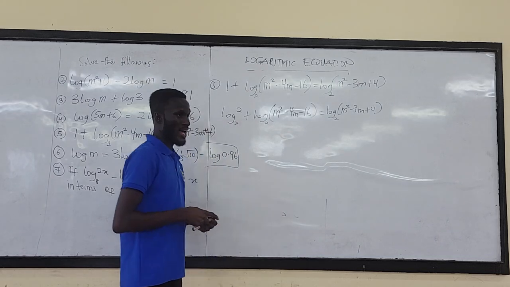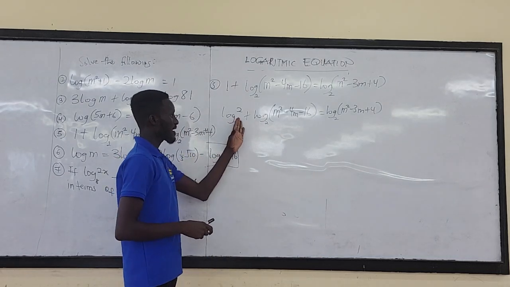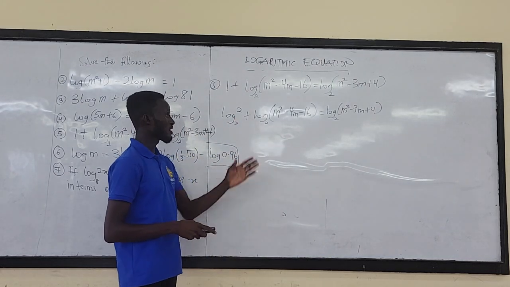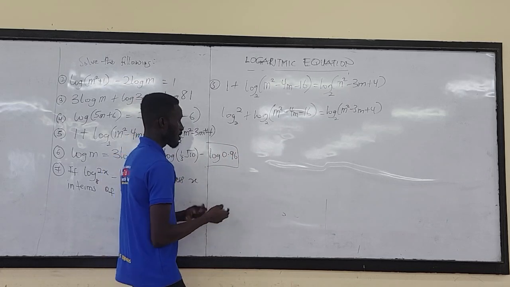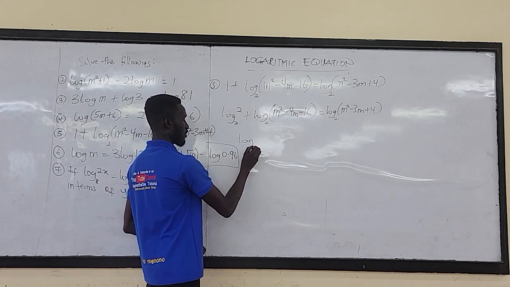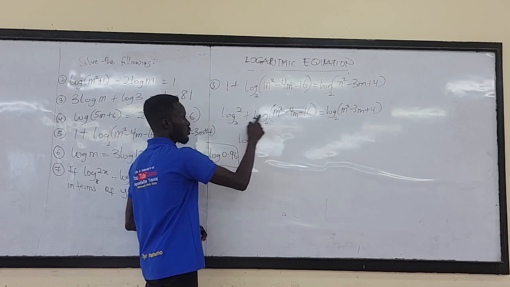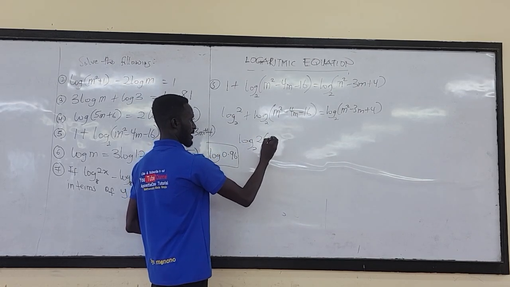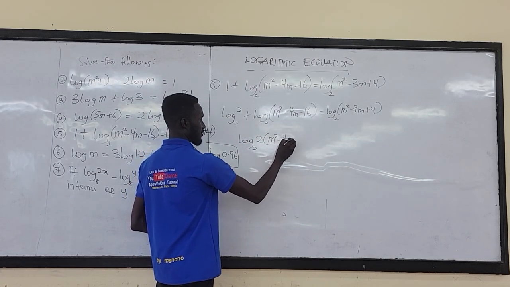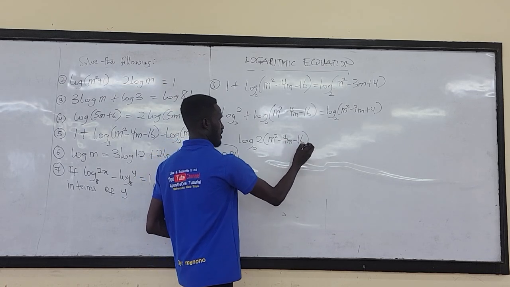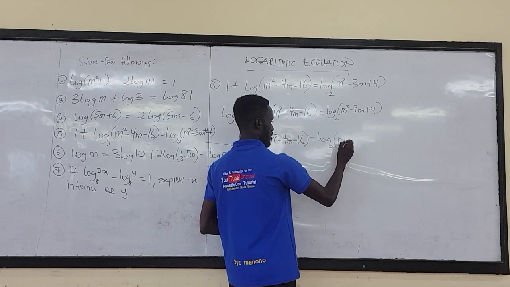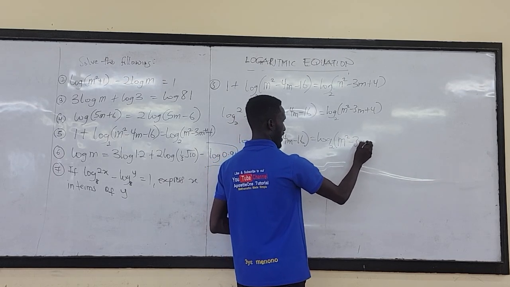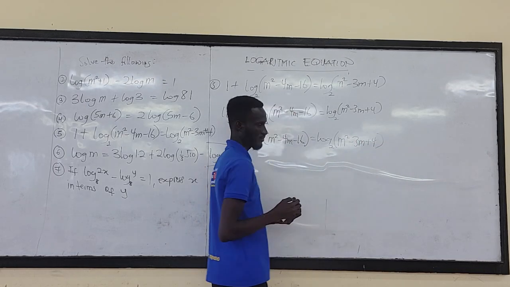Now what I can do here is that this one and this one, they are adding. Addition means multiplication of logs, right? Okay. So I'm going to take one log of base 2. Then we have 2 multiplying m squared minus 4m minus 60 equal to log base 2 of m squared minus 3m plus 4.